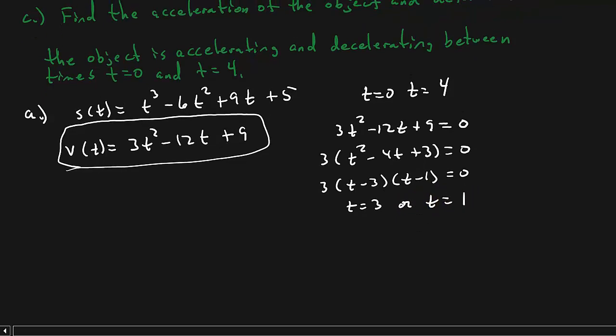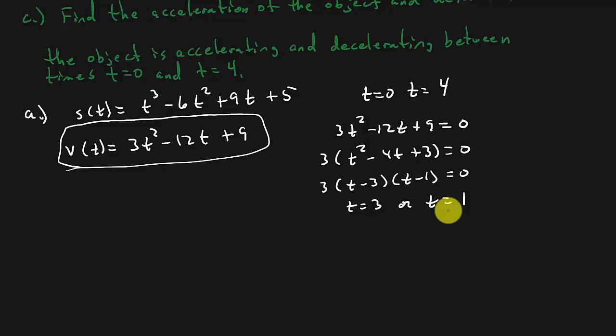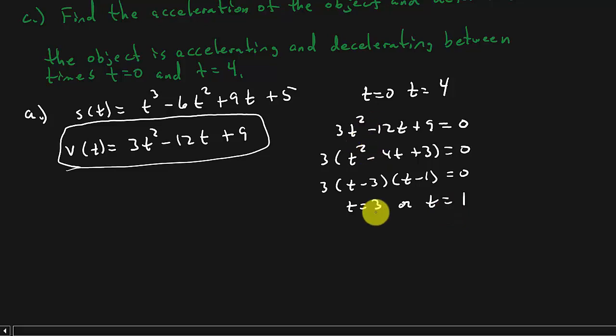So what I did here is I set the velocity function equal to 0 and solved. So I found out at what time the object's velocity is 0. In other words, when it's stationary. You see that? It's stationary because the velocity is 0 when t equals 3 and t equals 1.